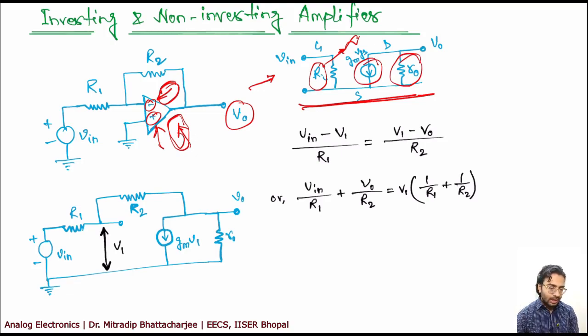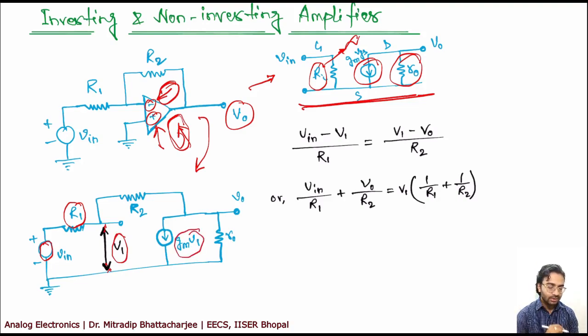Now in a similar way, if you convert this circuit to an equivalent circuit, you will find that your Vin is connected with R1 in series. Then you have an open circuit here, because I am considering input resistance to be very high, so it is kind of an open circuit, and you are getting a V1 drop on this side. So what will be your current source?